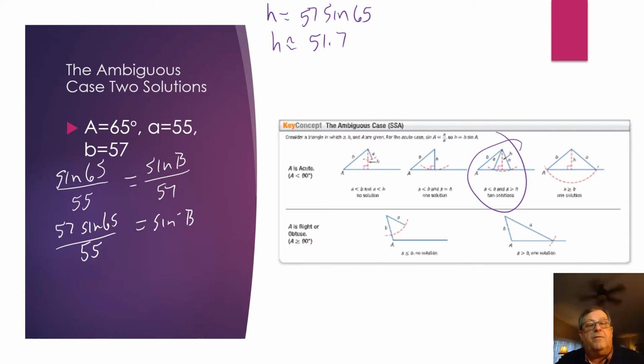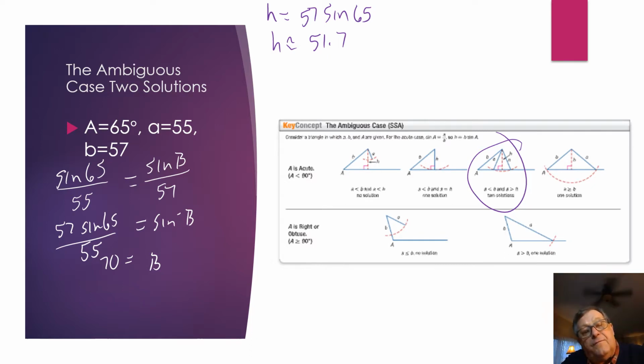So 57 times the sine of 65 divided by 55, and I want to take the inverse sine of that. If I round that to the nearest degree, then angle B would equal 70, should it happen to be an acute angle. And 70 is an acute angle.